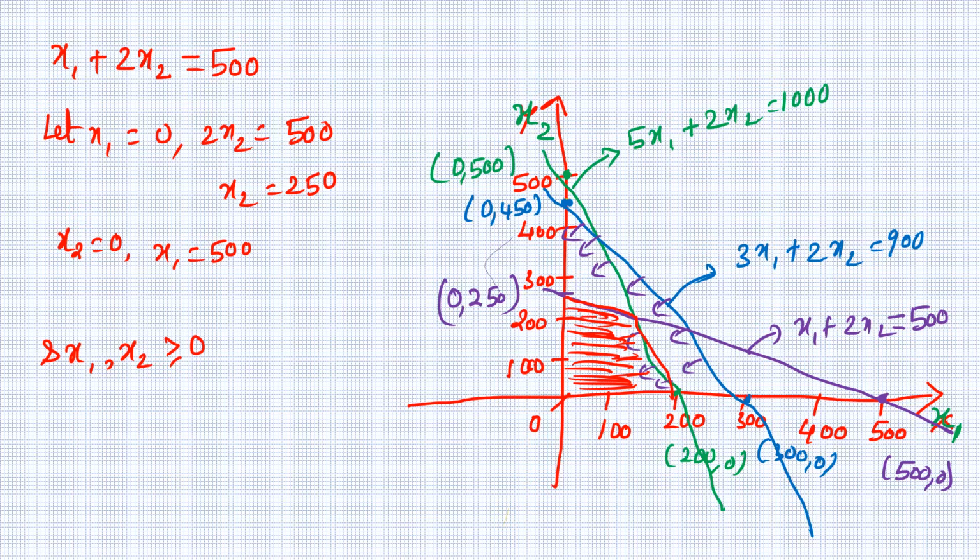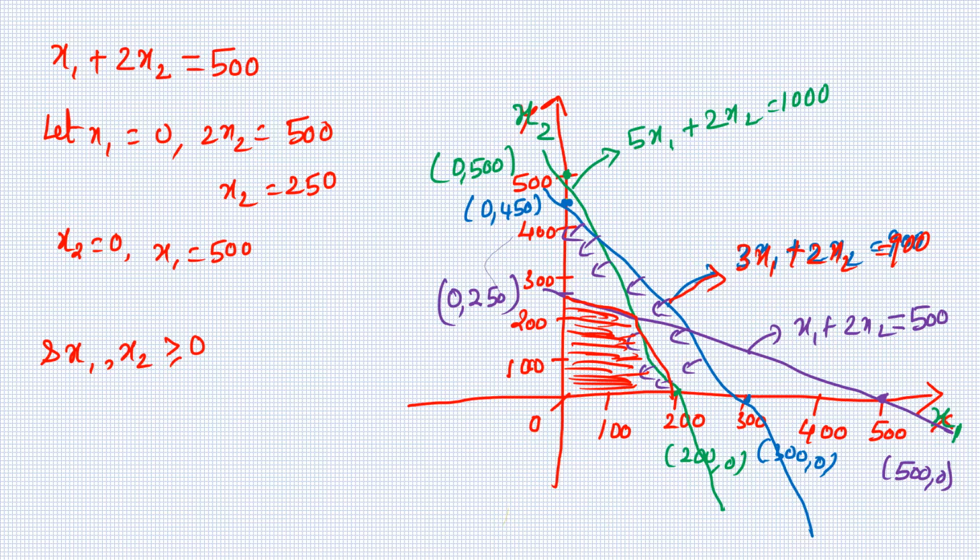But in this feasible region, the line 3x1 plus 2x2 equal to 900 does not come in this place. That means this region is the intersection of only 5x1 plus 2x2 equal to 1000 and x1 plus 2x2 equal to 500.